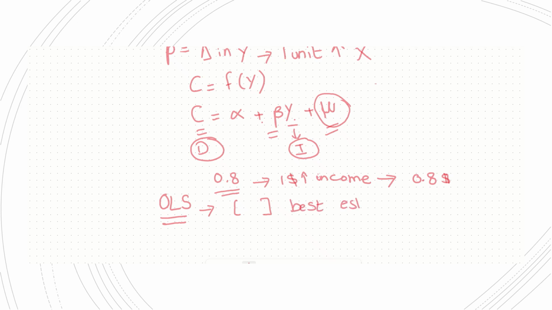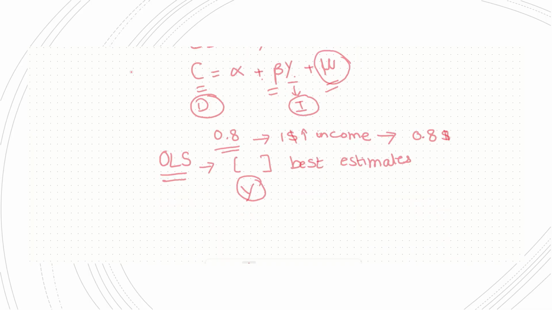Of course, if you want to know this beta value, you want your dependent variable, consumption, to be as close to your original value. In the original equation I use y as a dependent variable, so y is equal to alpha plus beta x plus your error term.